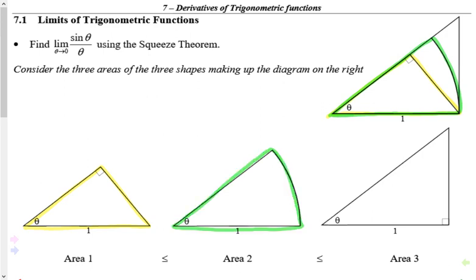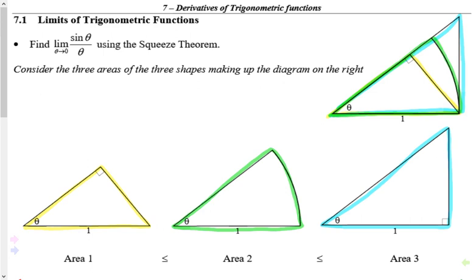And finally, we have this big right triangle, and that's what we have on the right side here. And as we look at those areas, we can see that the yellow triangle is the smallest, the green sector is the middle-sized, and then the blue triangle is the largest.